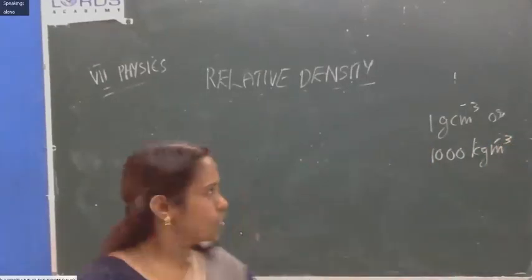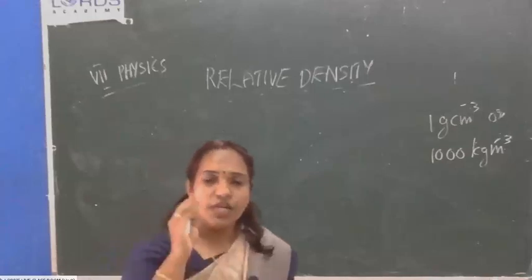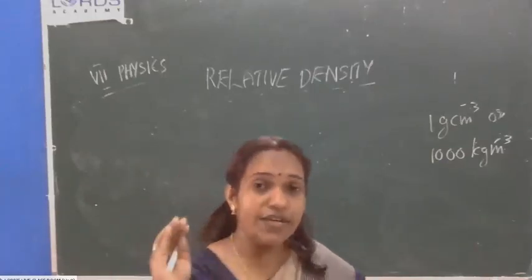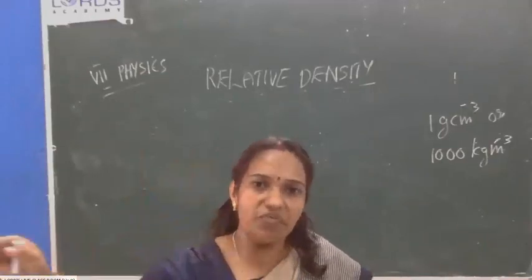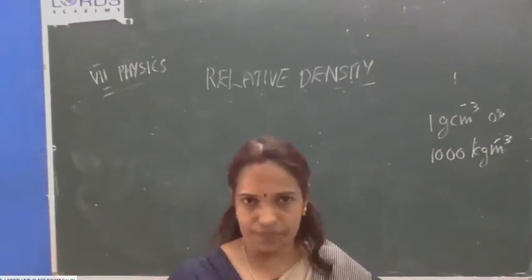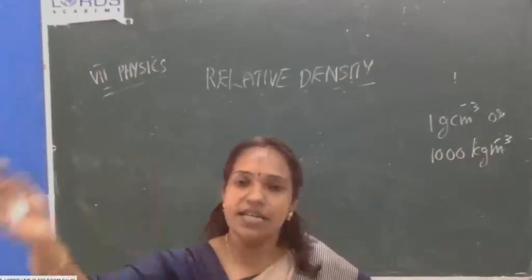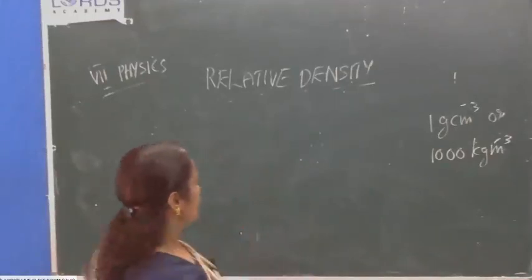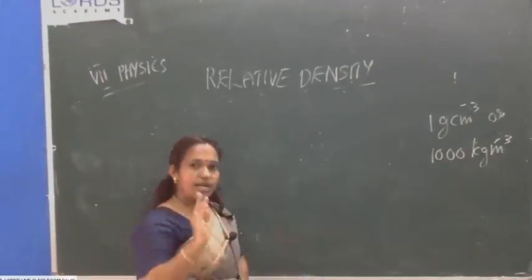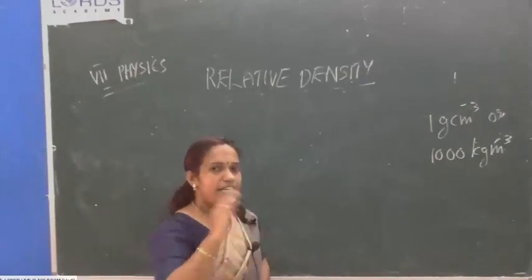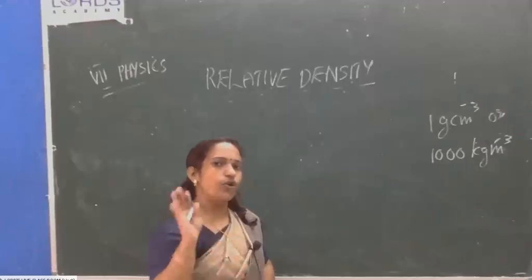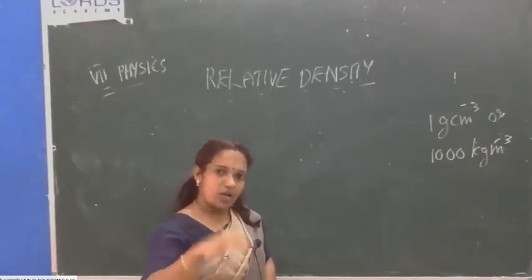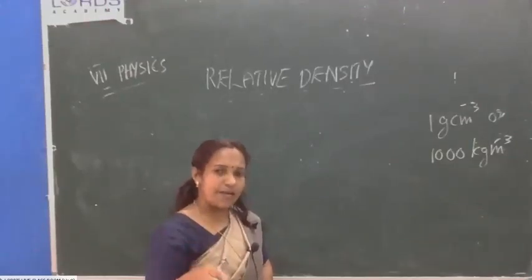Okay. So, what we have to do? Relative density means density of the object we are comparing with density of water. Clear? Relative means comparing with. Here we have to study one equation only. If there is a question, define relative density, you can write that equation, because the definition is also in the same way.